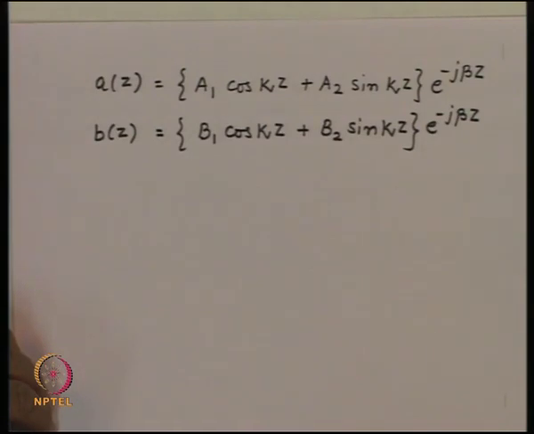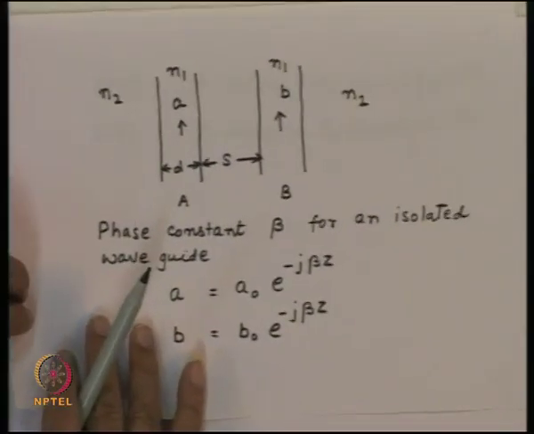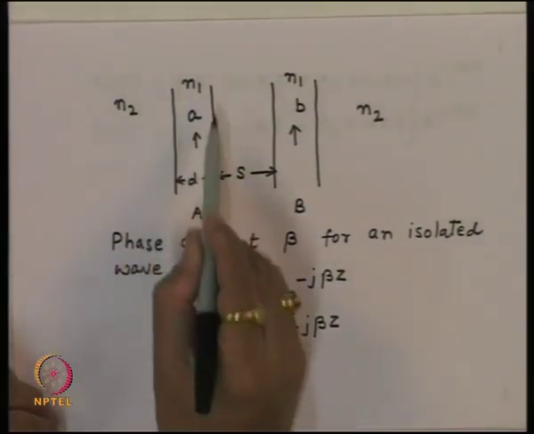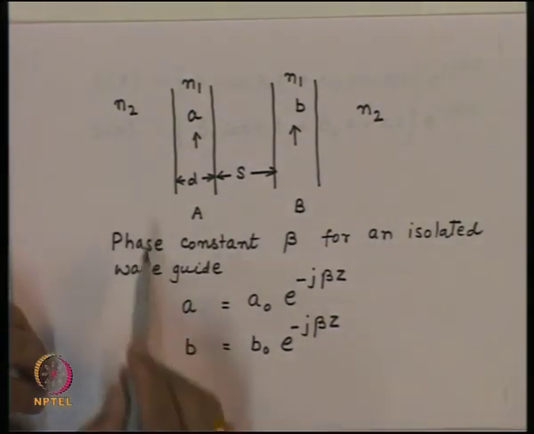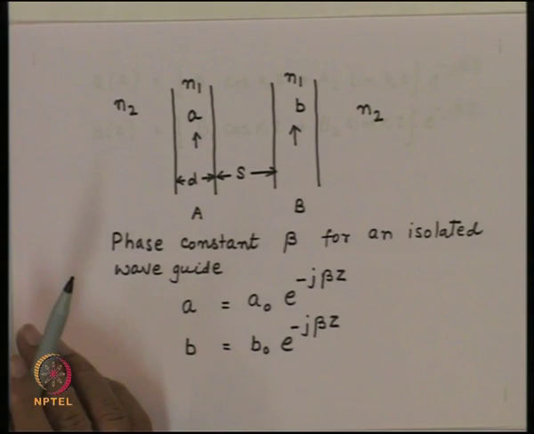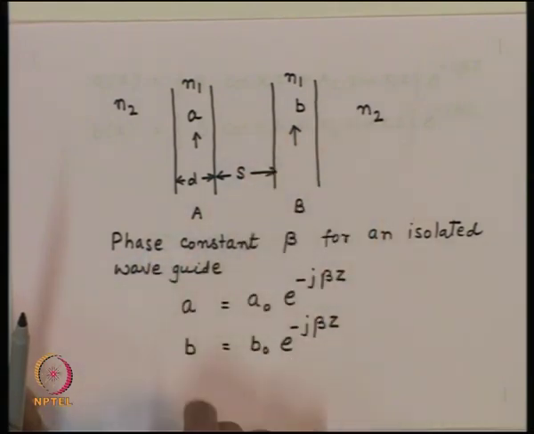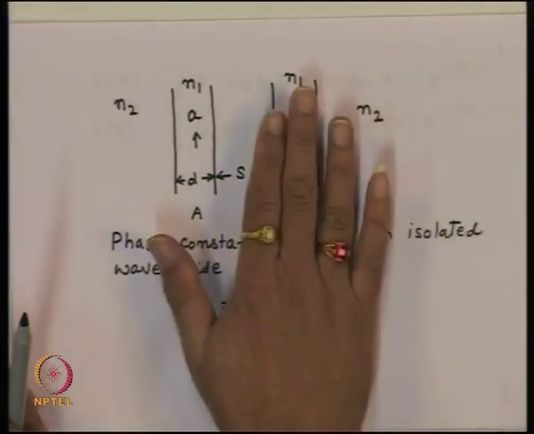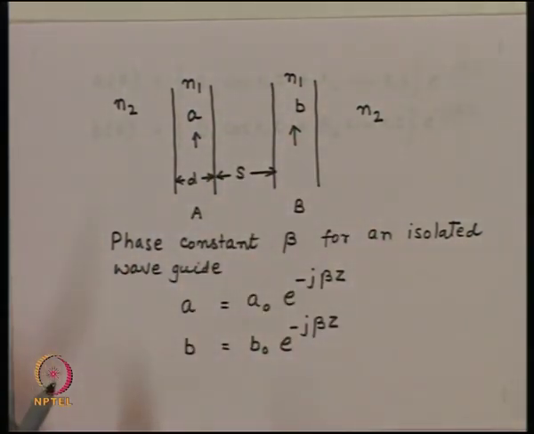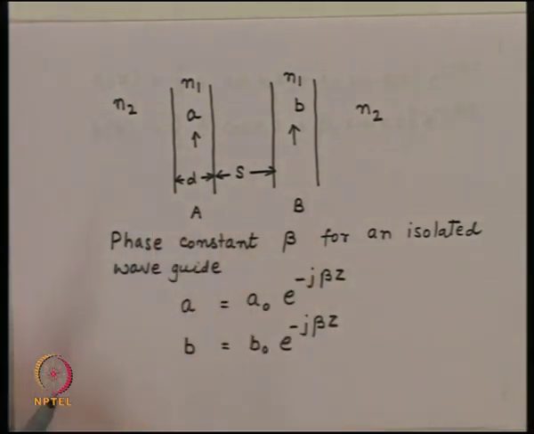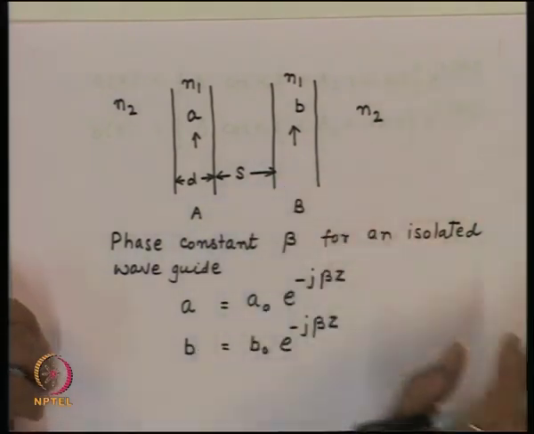Now, we can apply the boundary conditions to this waveguide, and the boundary condition will be that initially we are exciting only one of the waveguides. So, let us say at z equal to 0, we had excited only this waveguide and nothing was excited inside this other waveguide, which is simply brought in the vicinity of this waveguide. So, at z equal to 0, we have an excitation for this waveguide, and without loss of generality we can say that it is excited with an amplitude of unity, whereas there is no excitation given to the other waveguide.